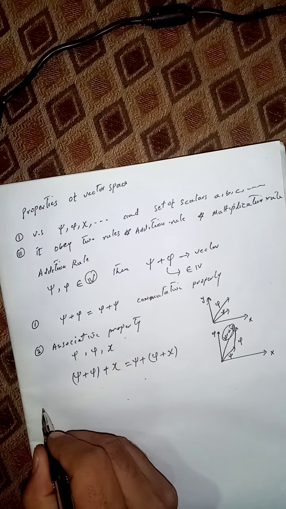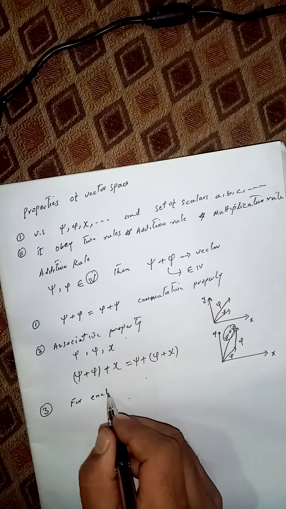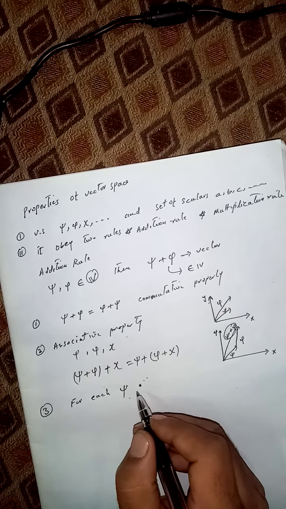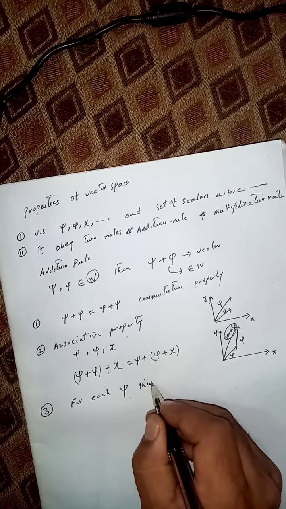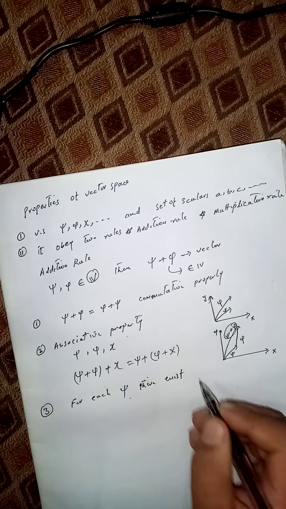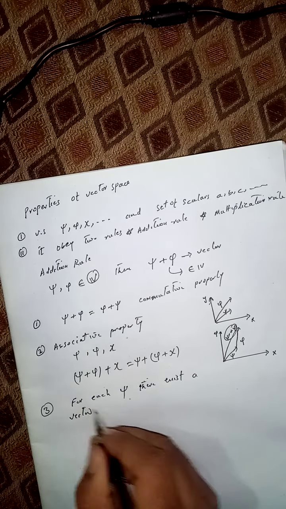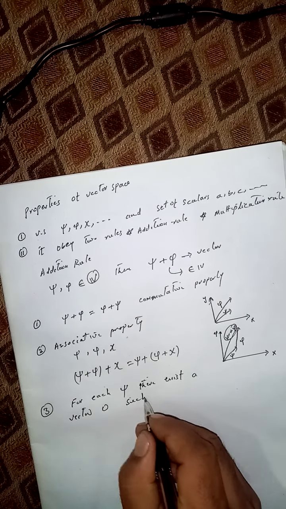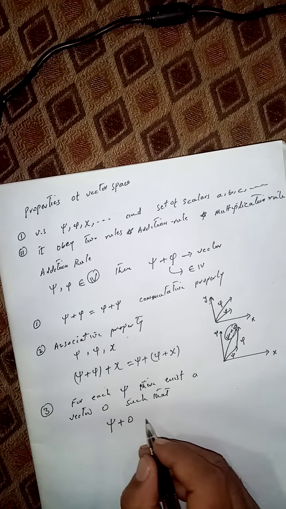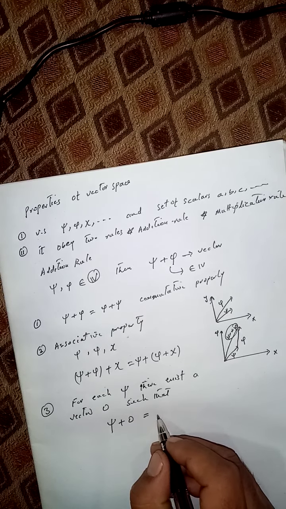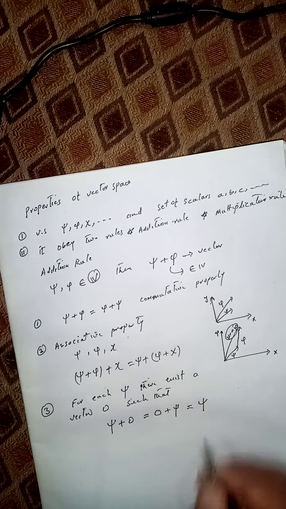The third property is, for each psi there exists a vector O such that if we add vector O with psi, or if we add vector psi with O, we always get the same vector psi.